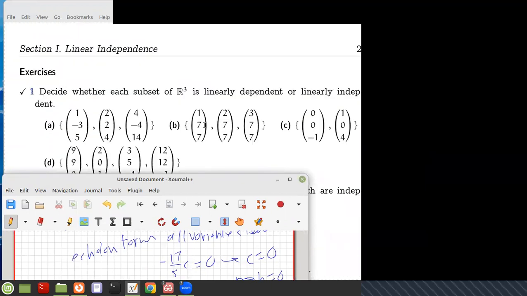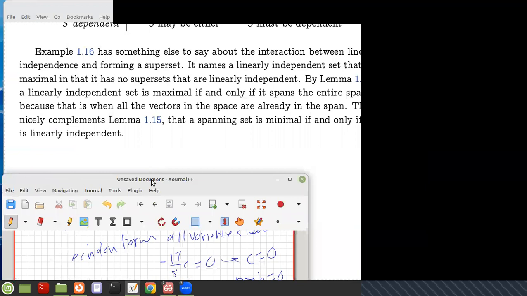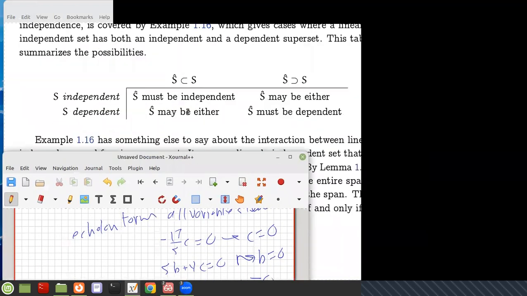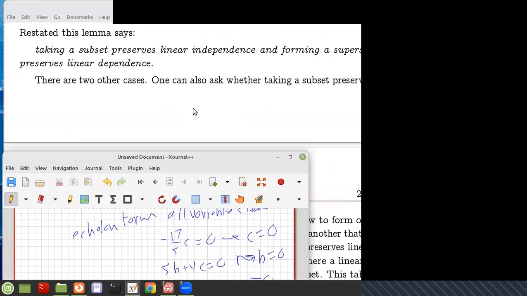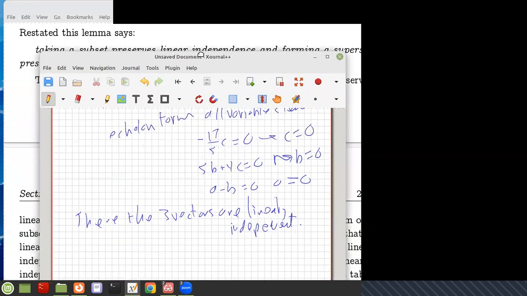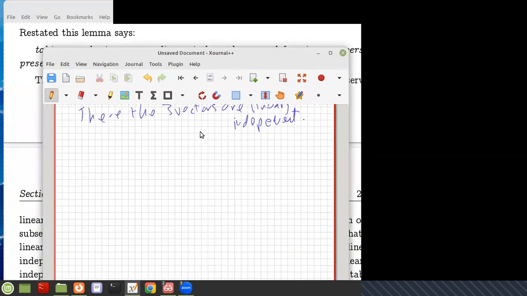There are some ideas in this section on linear dependence, but this is basically what we need to do in linear independence, and we can review and do more problems on Thursday.